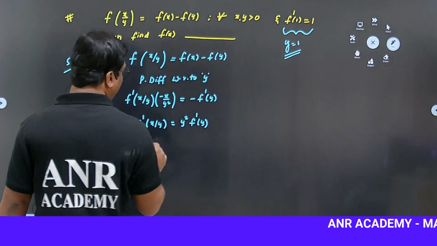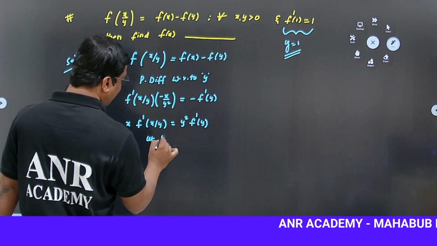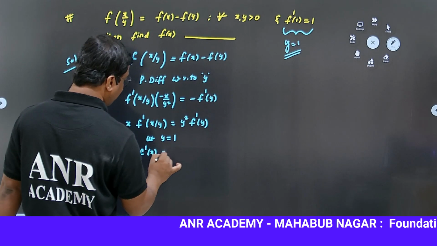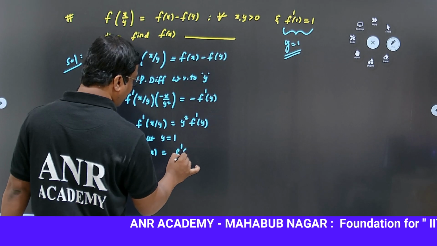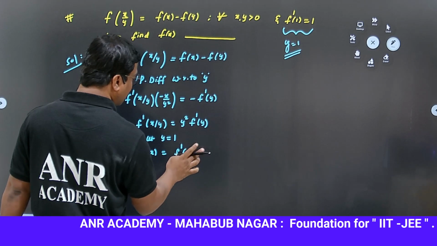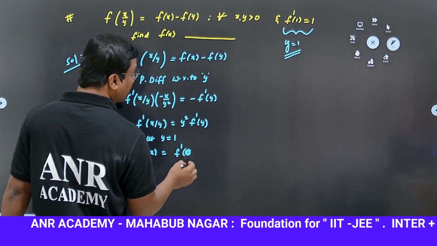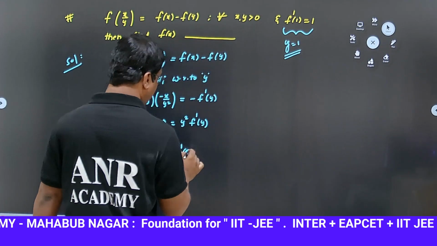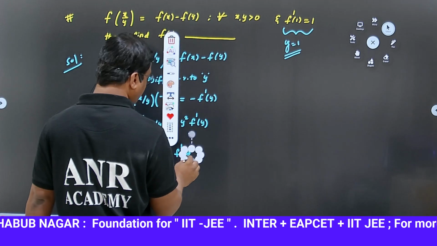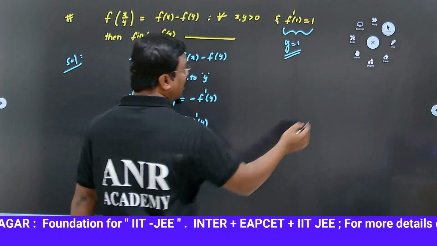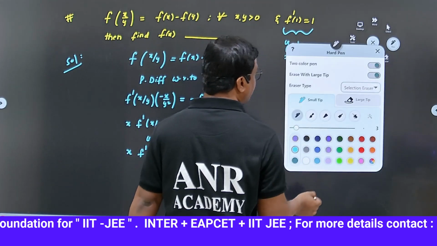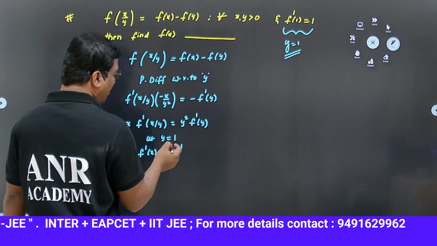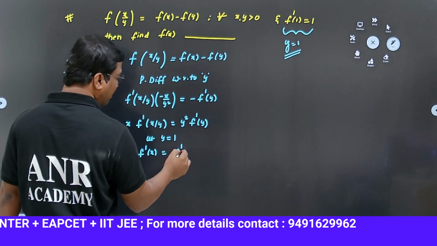Let the value of y equal to 1, that is x into f dash of x equal to f dash 1 multiplied by 1 square.